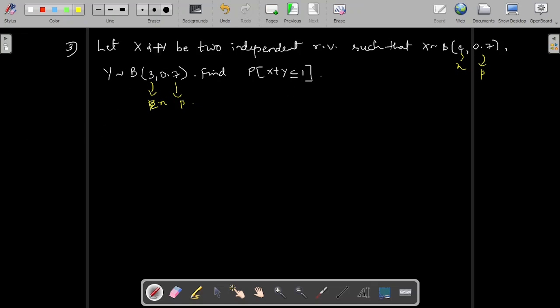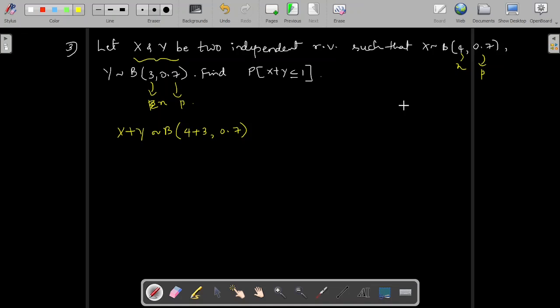So we know that when x and y are two independent random variables which follow binomial distribution, then x plus y also follows the binomial distribution with parameters 4 plus 3, with the probability of success the same.